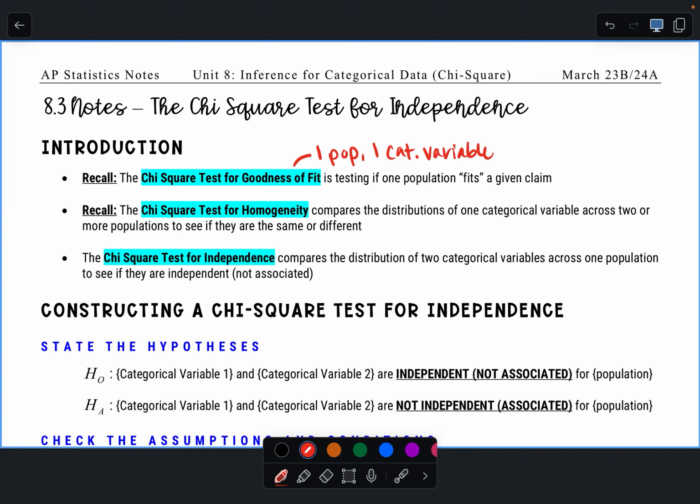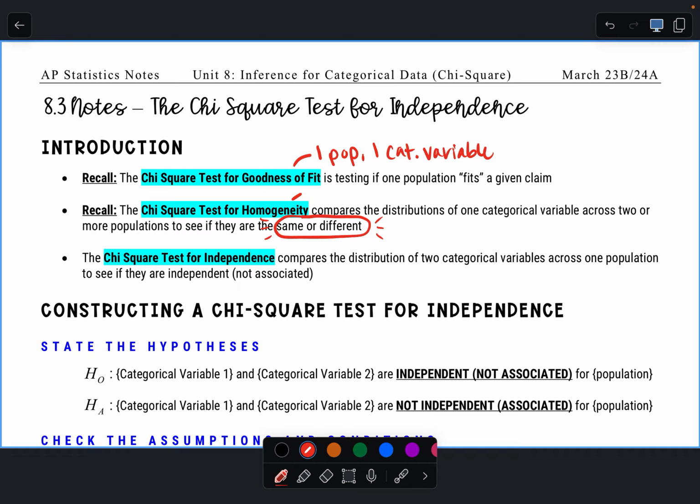When you go into homogeneity, that is when you're trying to look at populations and see, are they the same or are they different? Usually, if you see this word with a two-way table, that is going to be your indicator. This is a test for homogeneity.